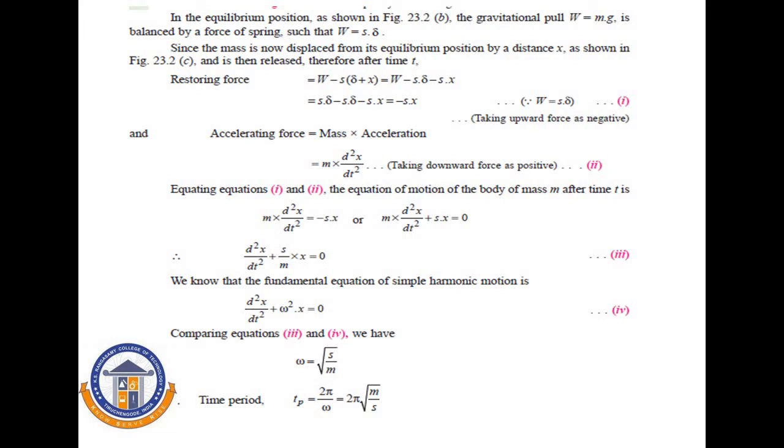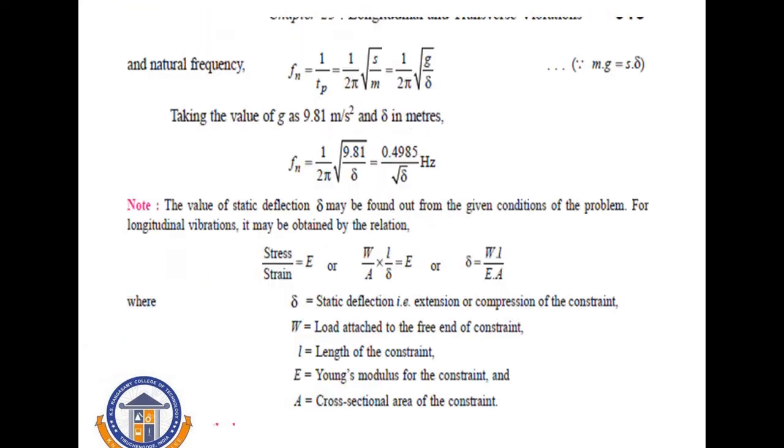The time period tp is equal to 2 pi divided by omega, equal to 2 pi into root of m by s. The natural frequency fn is equal to 1 by time period, equal to 1 by 2 pi into root of s by m, equal to 1 by 2 pi into root of g by delta.